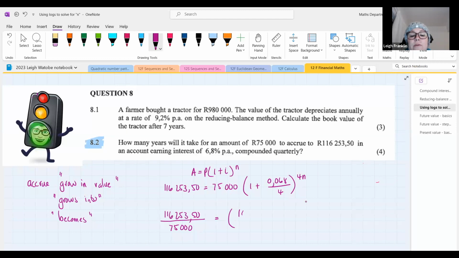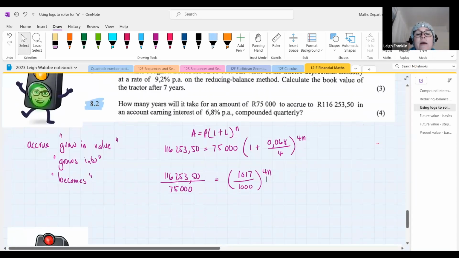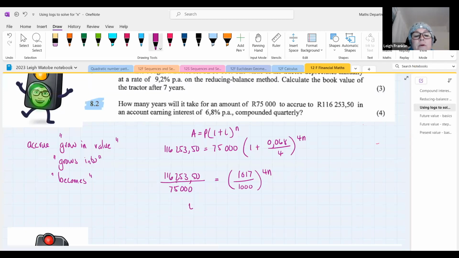Sometimes we have some weird numbers, 1017 over 1,000, to the 4n. Then our next step would be 4n equals log base 1017 over 1,000 of our number. I'm not even going to bother simplifying it. I'm just going to put it in just like that, and your calculator will take it just like this as well.